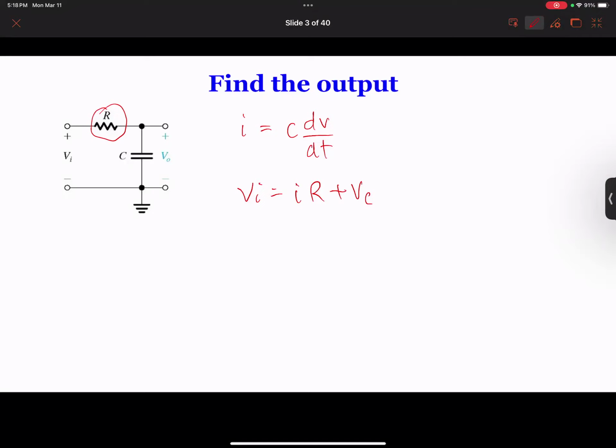Okay, so that's what we can do. But if this input is a transient signal, you have to write it this way.